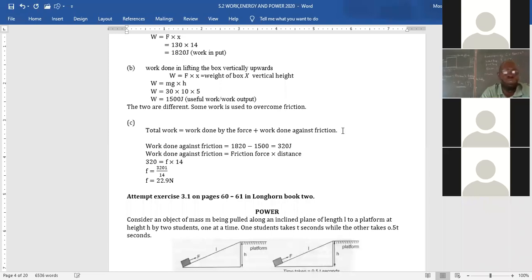So in this case, if you are to get this equation and understand it properly, I'll include the following: the work input is going to be equal to the work output plus work done against friction.